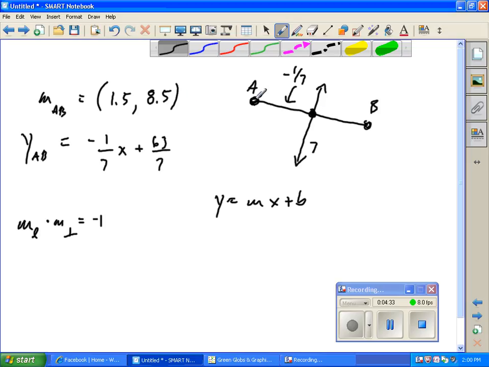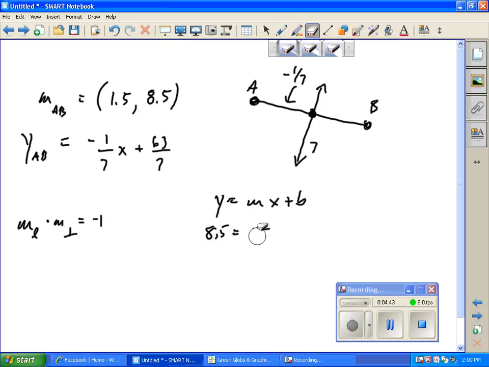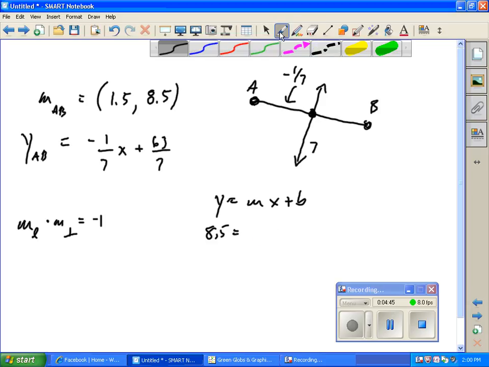The midpoint is not just on the line AB, but also on this one. So I'm going to put 8.5 equals, oh, that's not where the 1.5 goes. It's where the 7 goes. So I'm going to put in a 7 there because that's the slope of this line that I'm looking for, times 1.5 plus b. 7 times 1.5 is 10.5.